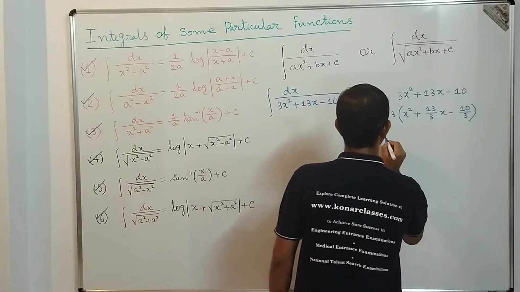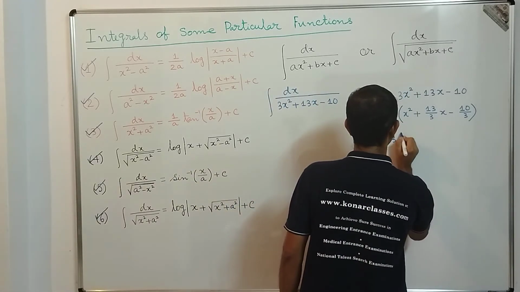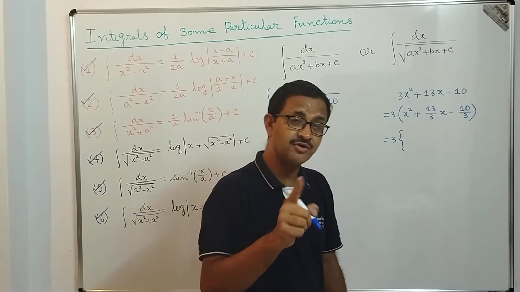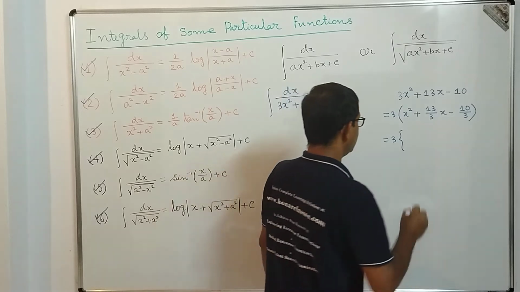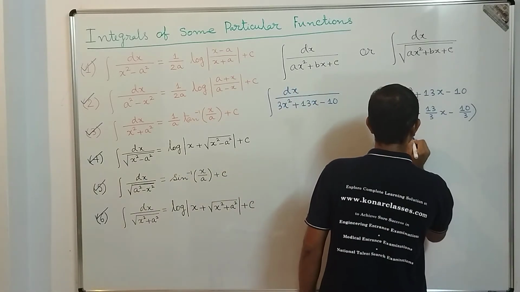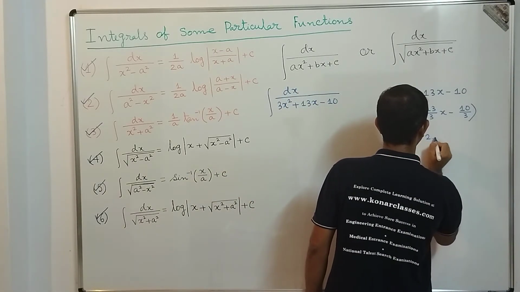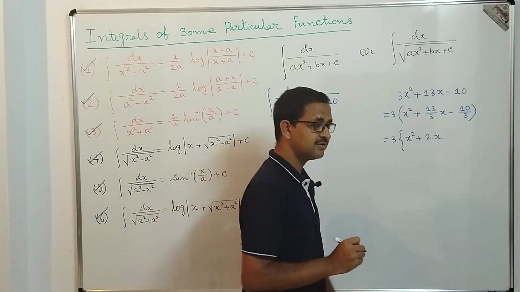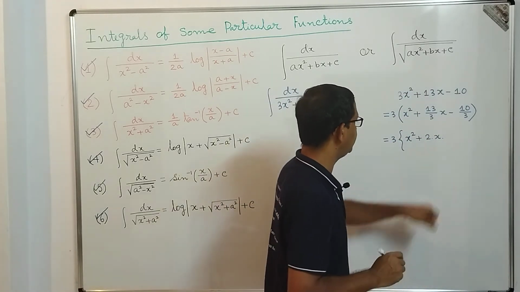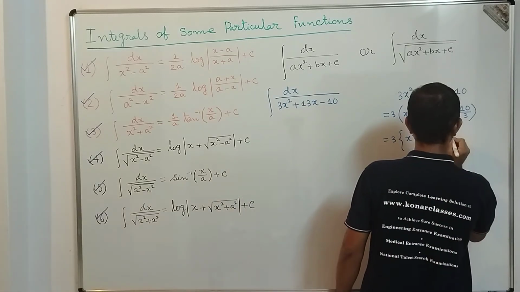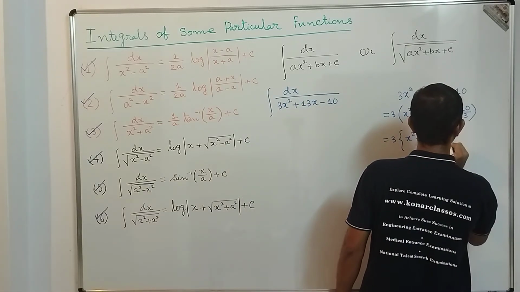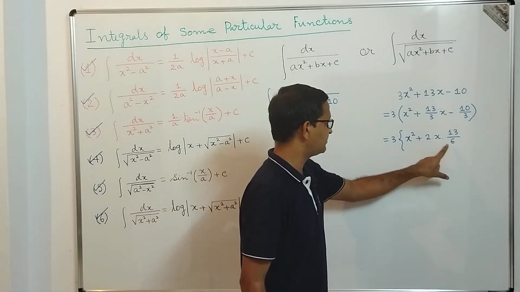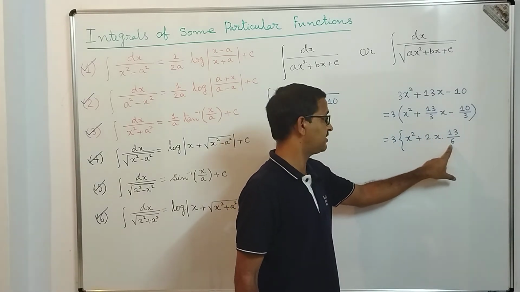After that, this is equal to 3 into, what is our target? Our target is to make x plus or minus some constant whole square. To achieve that, we write x square plus 2 into x. Now in the previous step we had 13 by 3 into x, but here we wrote 2 into x. That means we need to write 13 by 6, so that it gets adjusted. 2 and 6 get cancelled, the denominator becomes 3.